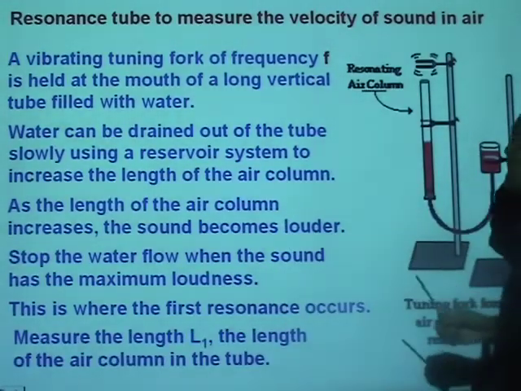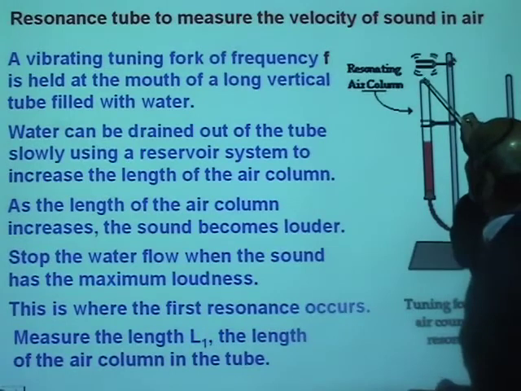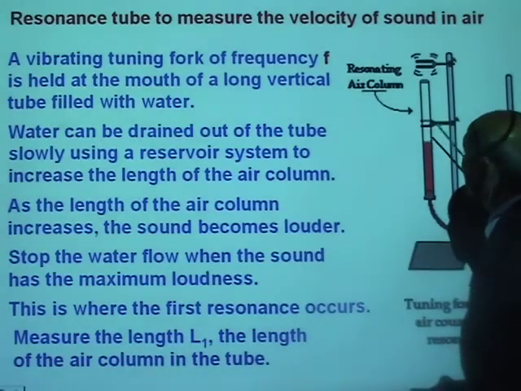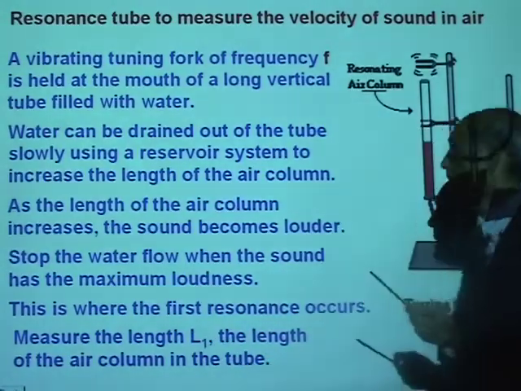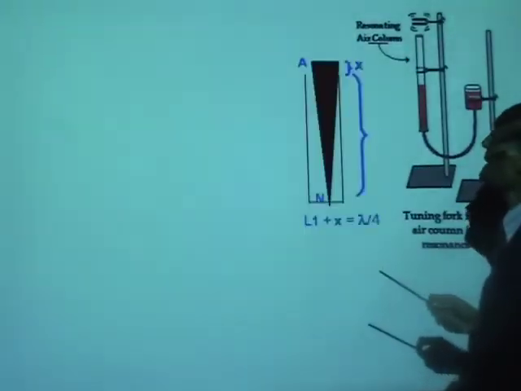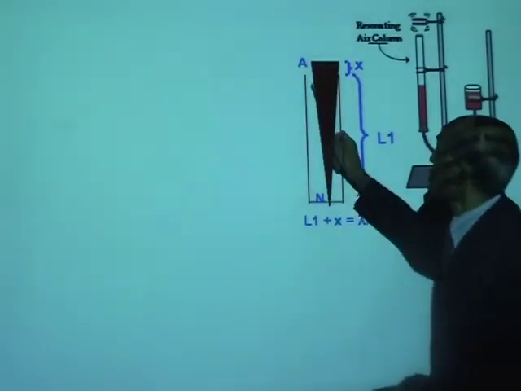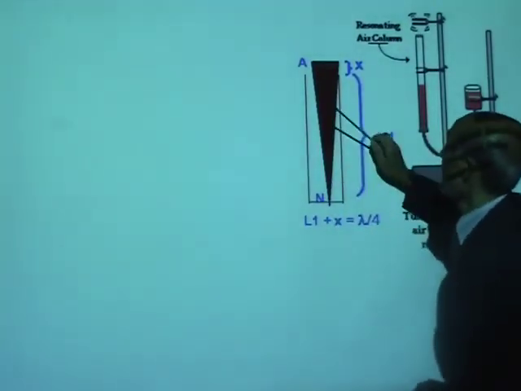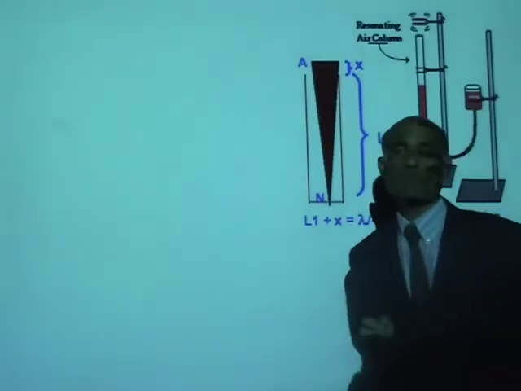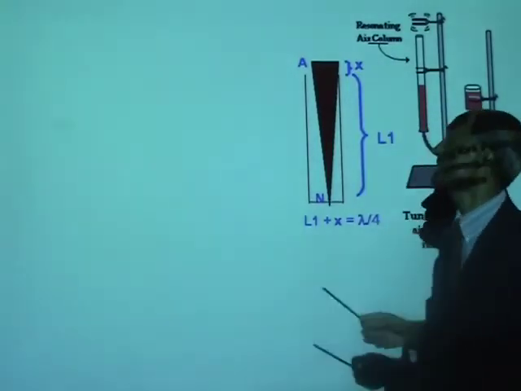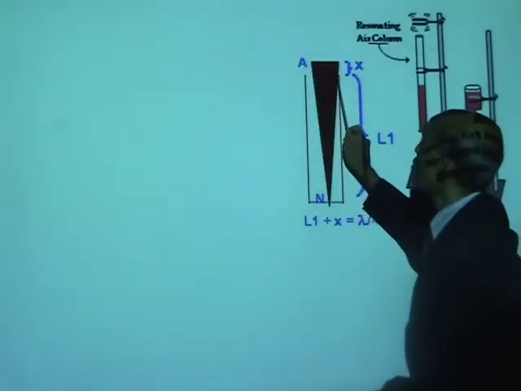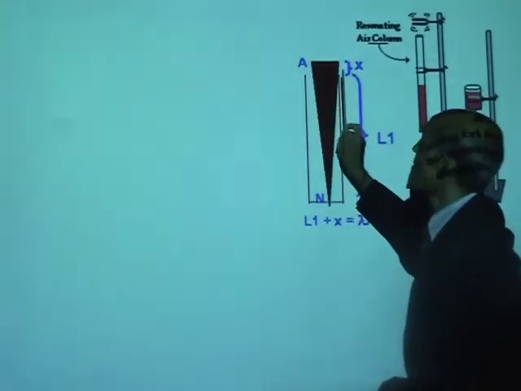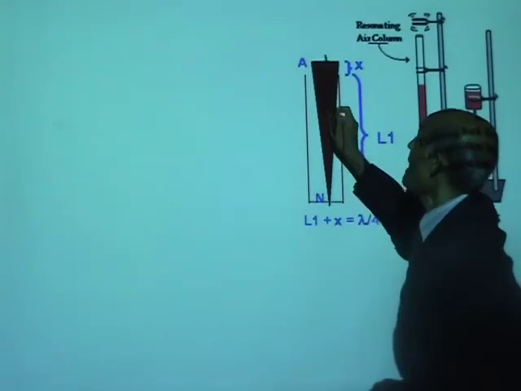And now, measure the length of that air column. When you hear that loud sound, measure the length of that air column and let that length be L1. Alright, now this is the diagram for that. Now, there is a little correction you need to apply here, and that is, the actual antinode really does not form exactly at the mouth, but a little above it.